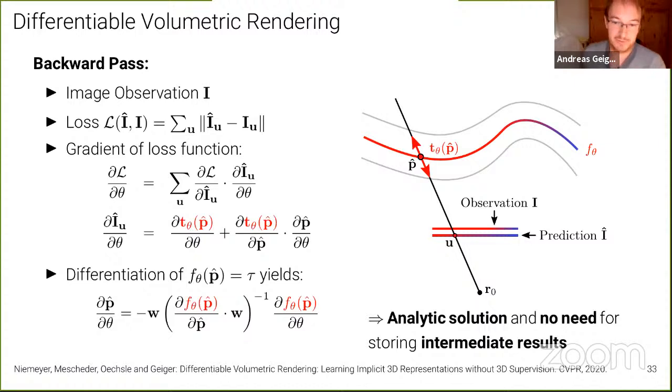Now, the nice thing about this is that we have an analytic solution, and there is no need for storing any intermediate results. If you think about, for instance, voxel-based differentiable renderers, where a neural network is used to predict a voxel representation, then you need to store intermediate results at every voxel. And this is not necessary here because we can directly update the surface location.